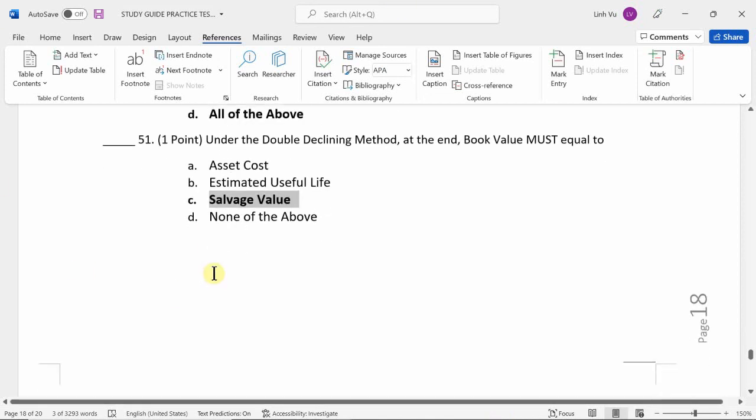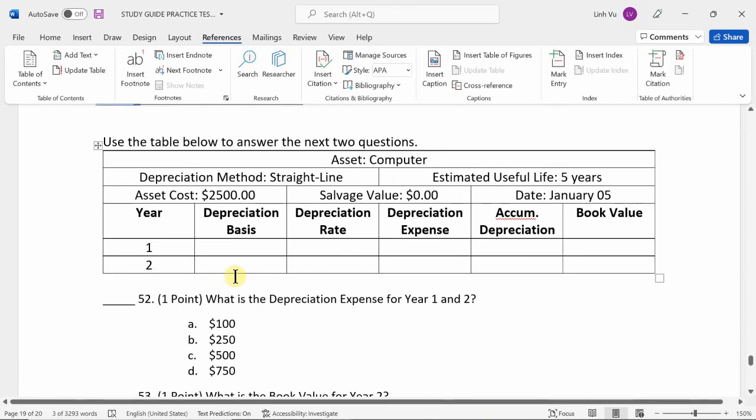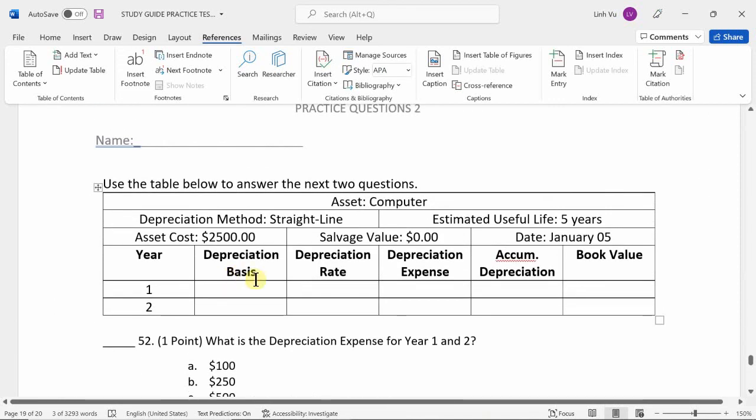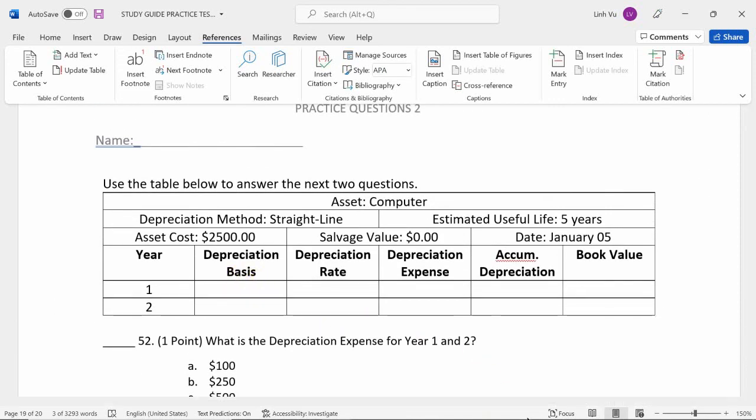Okay, so let's go ahead and practice this depreciation method. Using the table below to answer the next two questions. Here you bought an asset, which is a computer. The depreciation method that you're using is straight line. Its estimated useful life is 5 years.